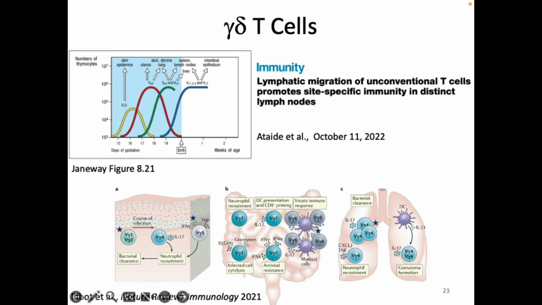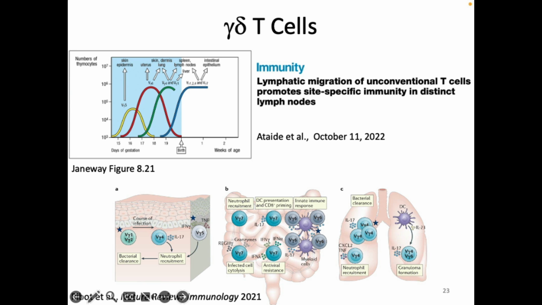And gamma delta T cells seem to be really unique. They tend to be found mostly only in barrier tissues. So you have a lot of gamma delta T cells in your skin and in your GI tract, and they have a lot of almost innate-like functions in terms of potentially being a little bit less specific, but you can also see they might recruit neutrophils, they might do some innate immune responses.